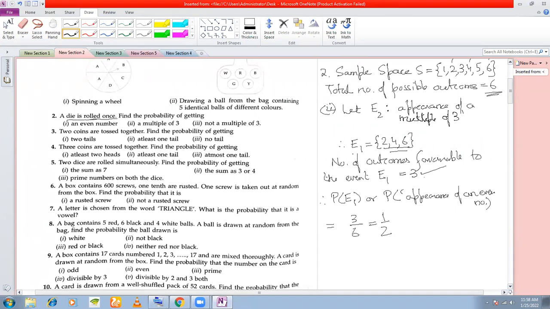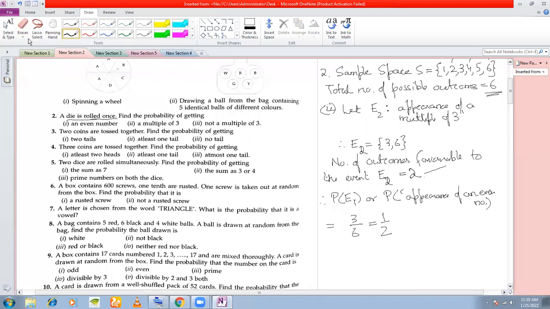What is E2 here? Which ones in the sample space are multiples of 3? 3 and 6, right? There are 2 outcomes favorable to the event E2.